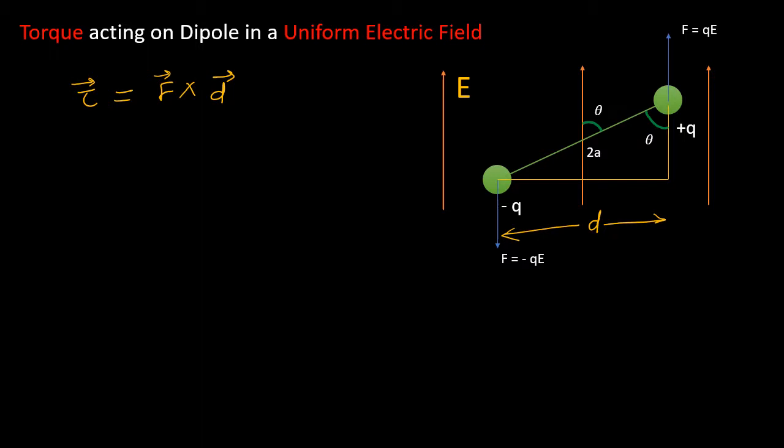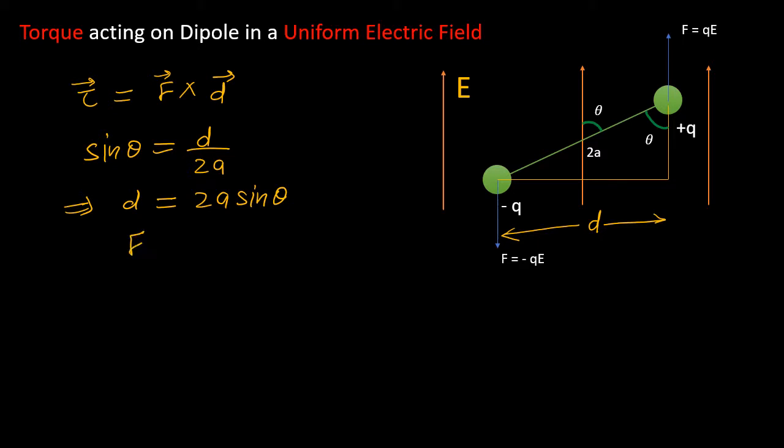So we complete this triangle, and theta be the angle between dipole and force. So from this triangle, sine theta is equals to perpendicular, which is d, upon hypotenuse of this triangle, which is 2a. This implies that d is equals to 2a sine theta.